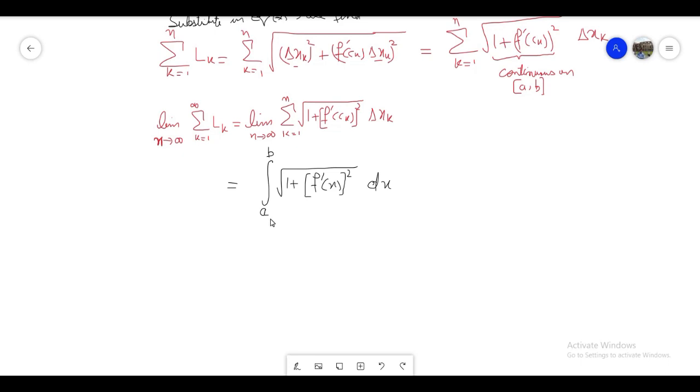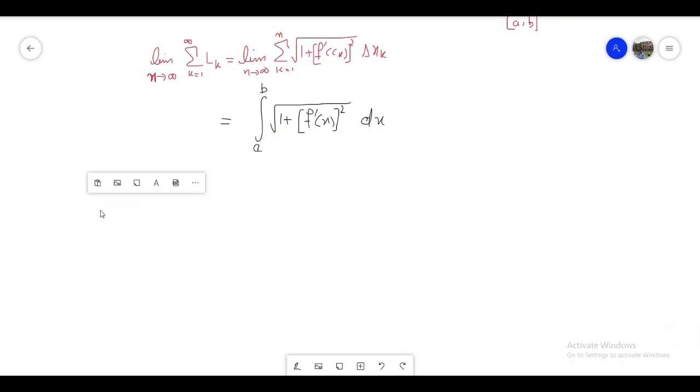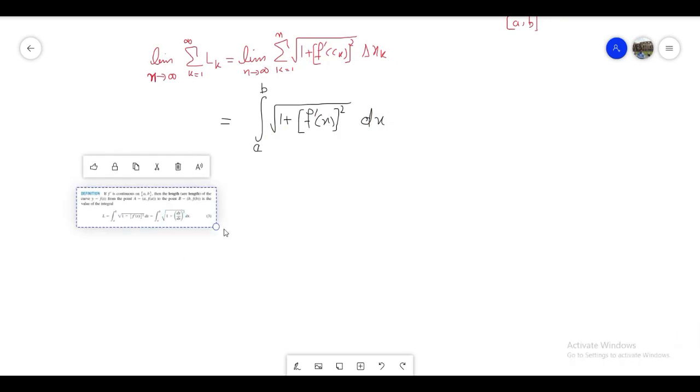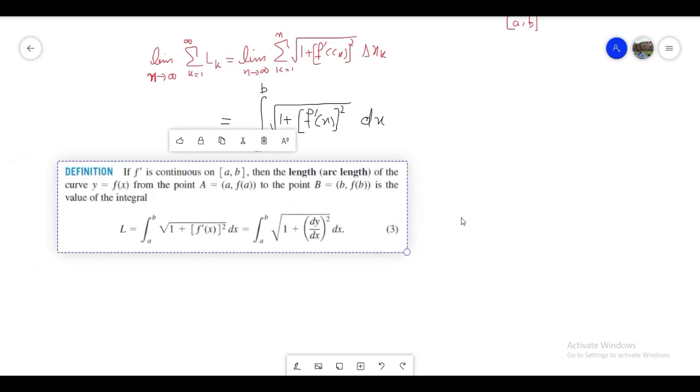So I will explain here, this is the formula or the expression of the arc length.